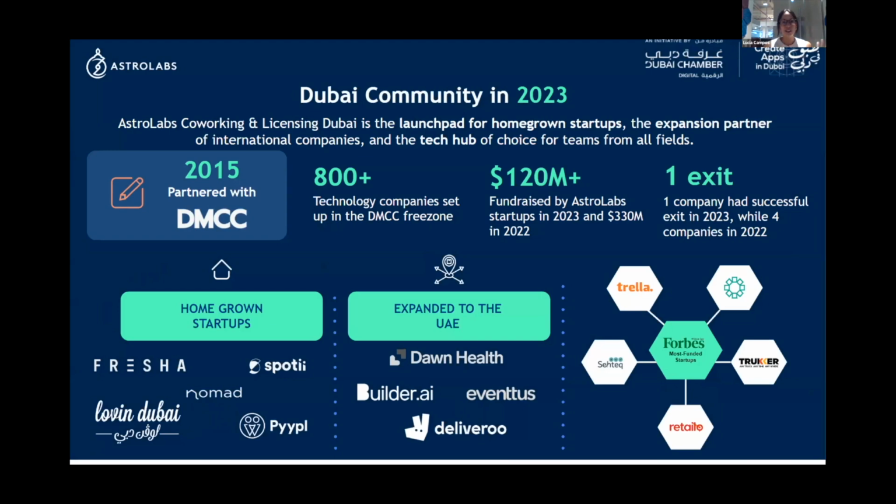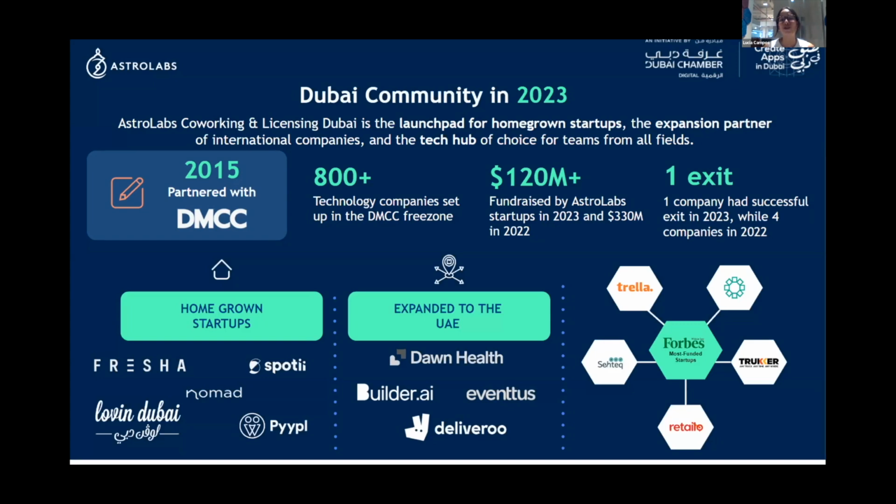So I wanted to tell you a little bit about our community before we jump into the actual licensing process, just so you get an idea of why we're a tech hub and what makes us different. Astrolabs only works with DMCC. We've been partnered with them since 2015. We've registered over 800 companies here in the free zone in the past 10 years.